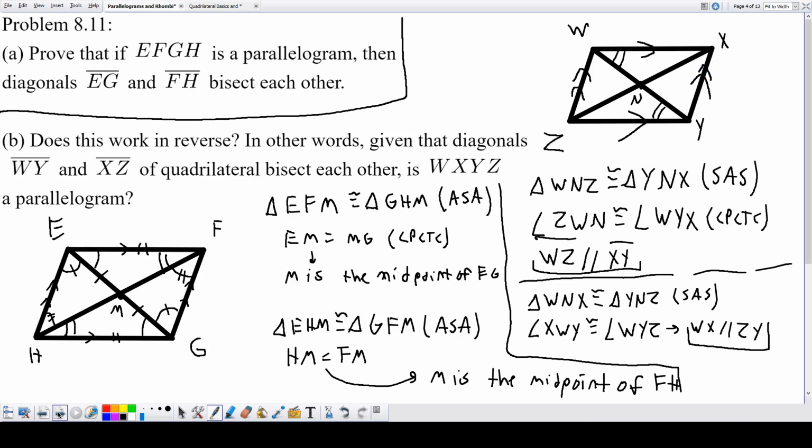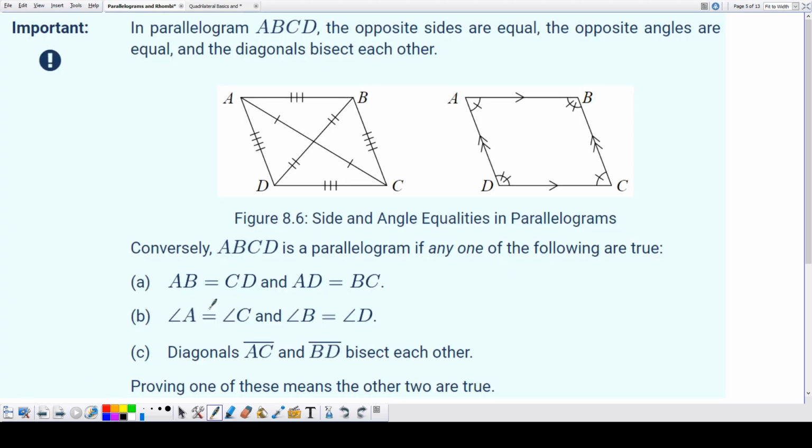Now, the previous three problems have shown us a lot of the properties of parallelograms. So, it's going to be summarized here. In any parallelogram ABCD, opposite sides are equal, opposite angles are equal, and the diagonals bisect each other. Those are the three main things that we've proven in the last three problems.